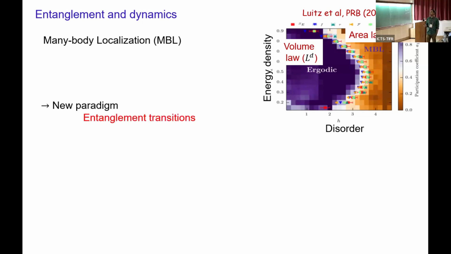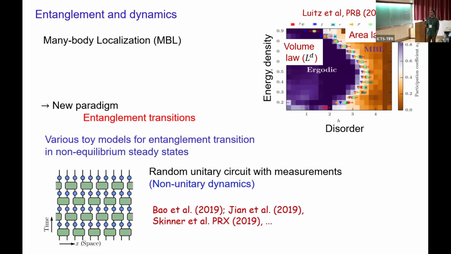Of course, this problem turned out to be very complicated and unsolvable, with a lot of debates, and even whether the many-body localized phase exists or not, there are a lot of questions in recent years. But what it did is it led to a paradigm in condensed matter where people started looking into what are known as entanglement transitions in simpler systems which are more related to quantum computers, which are basically systems with unitary gates interrupted by measurements.